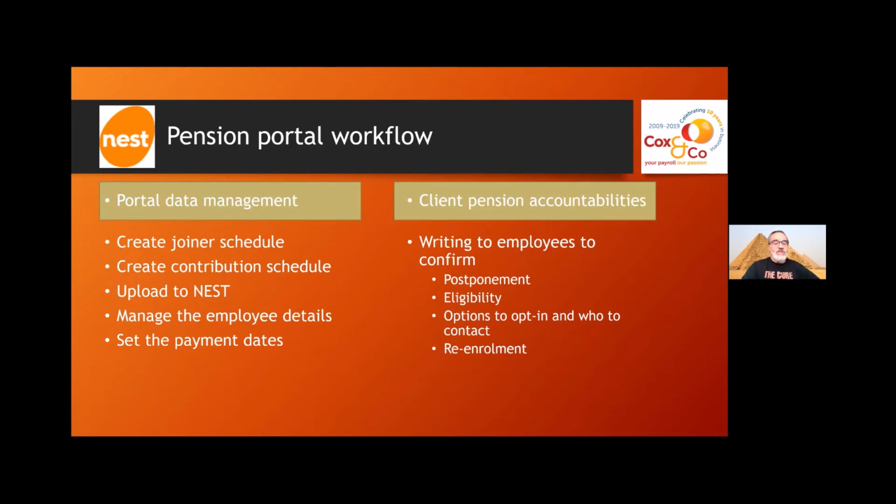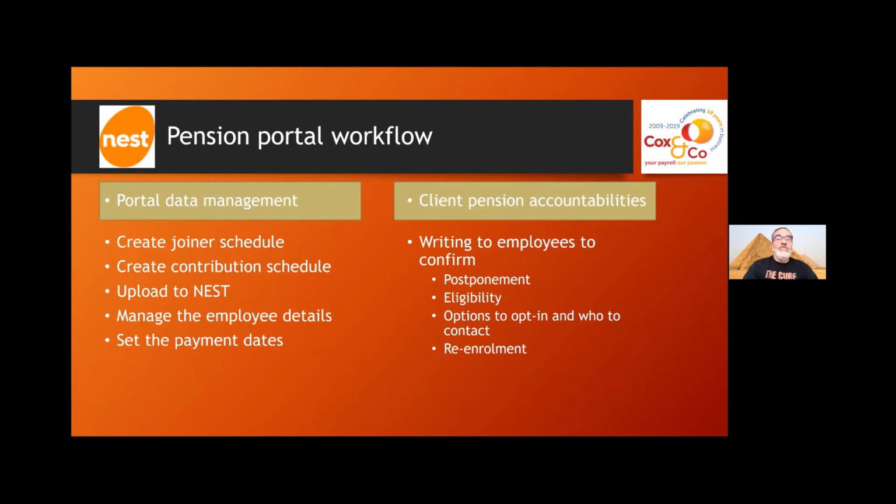Setting payment dates. One of the good things about Nest, not applicable to all ours. Looking at Aviva, you can't do this on Aviva, which is frustrating. And you couldn't do it on Nest 12 months, 18 months ago. You can now define when you want that payment to be made.